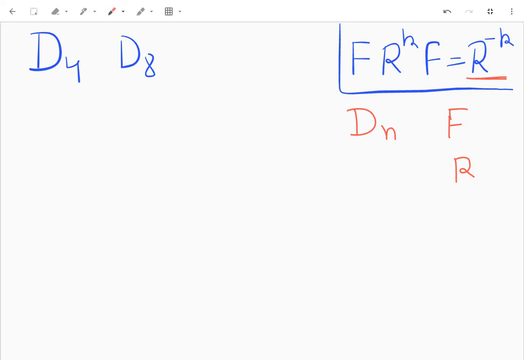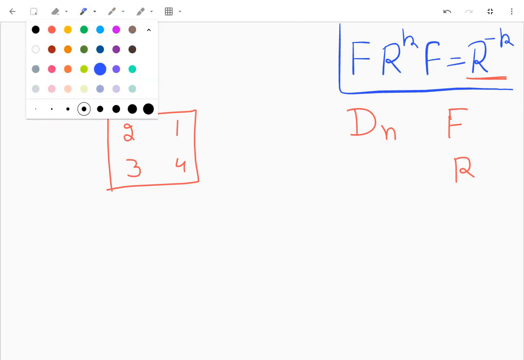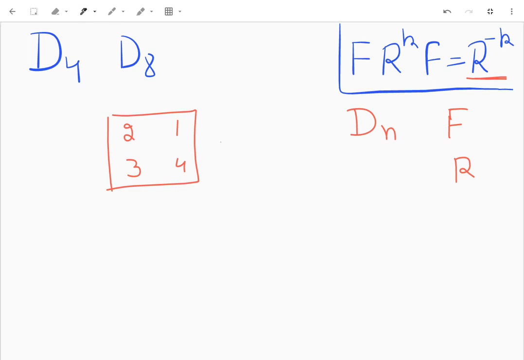Let's try and understand what they do. So this is, say, my square, right? Now observe carefully the order of the numbers. Okay, they are running in the anti-clockwise direction, right?